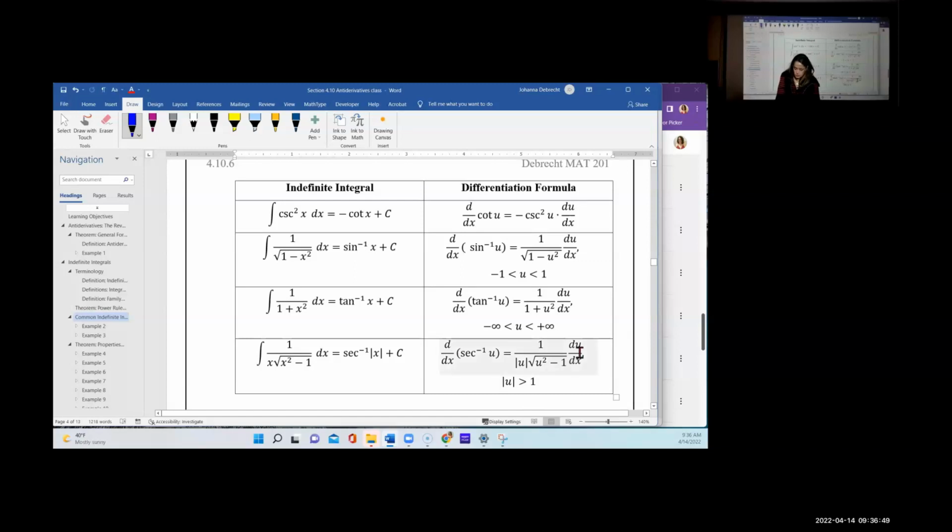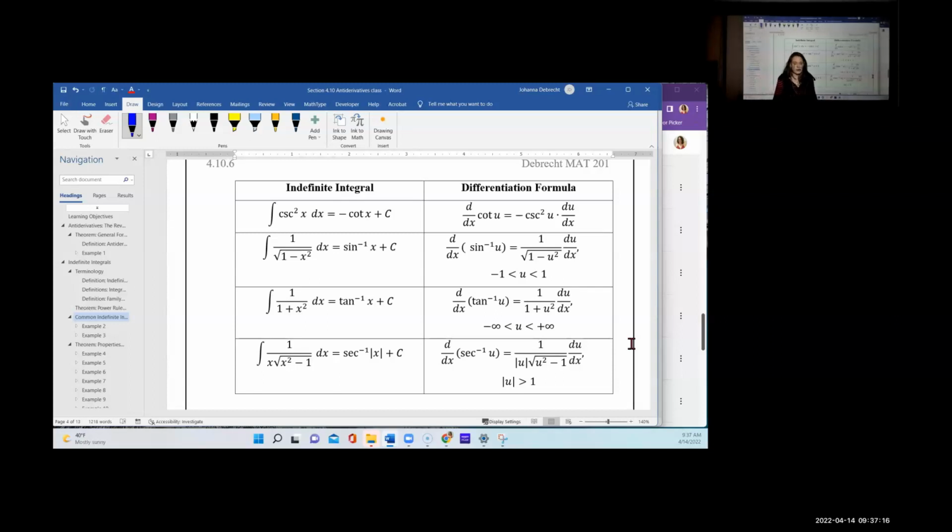We have one more trig integral, which is the integral of cosecant squared, which gives you negative cotangent, because the derivative of negative cotangent is positive cosecant squared. These last three here are the inverse trig integrals. We will learn another way of doing these in calculus 2, where you do not need to memorize a formula.